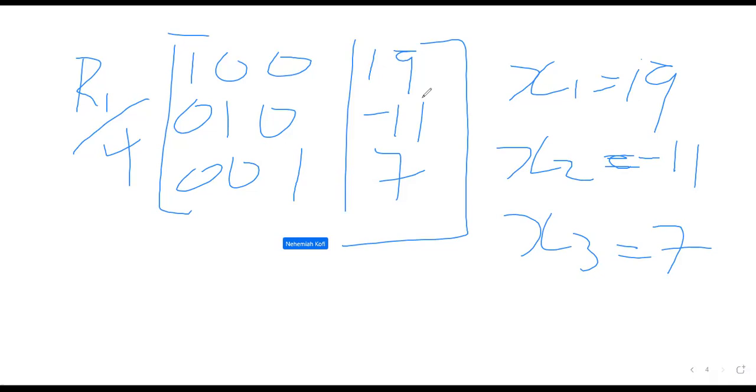So today I said we will be solving questions, right? So let's solve another question. Let's solve this question. So 2x2 plus x3 equals 6.